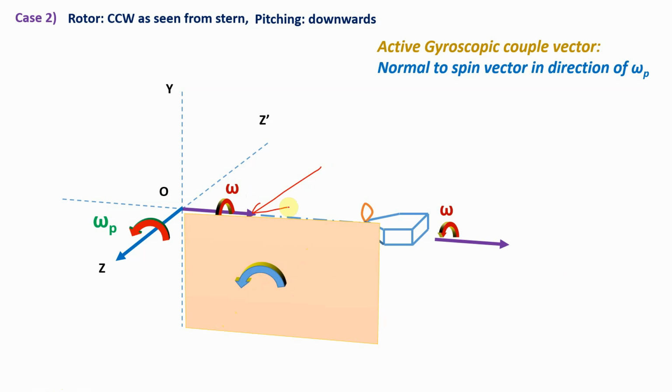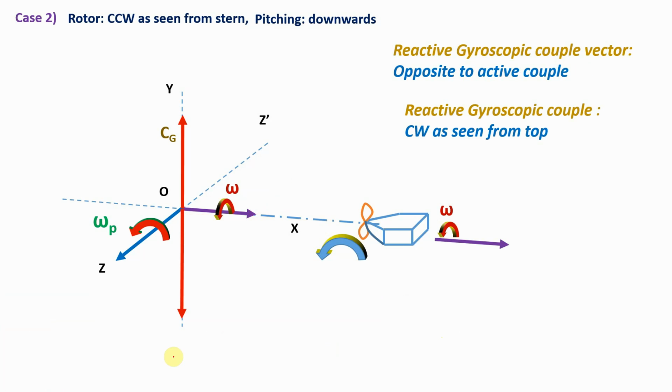When we do that, we get the direction of the active gyroscopic torque vector. That will be along axis OY. It's very simple. We have to rotate the spin vector in the precession plane in the direction of precession velocity by 90 degrees to get the direction of the active gyroscopic torque vector. Now reactive torque is opposite to the active torque, so it will act along OY dash.